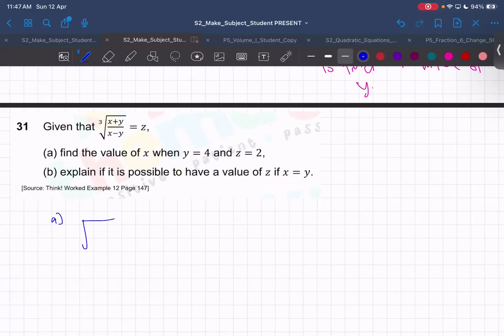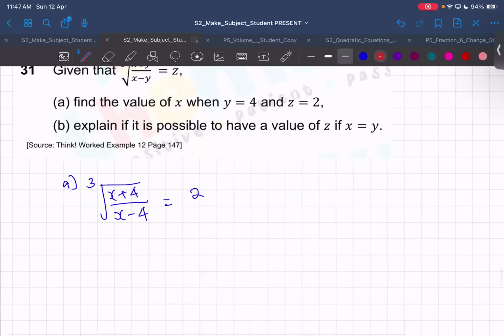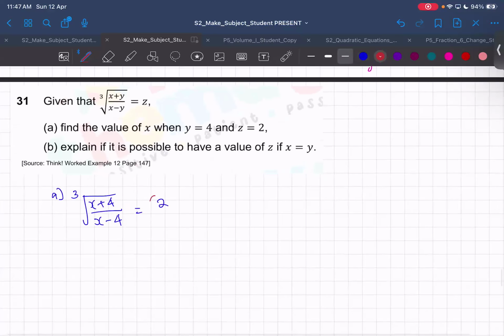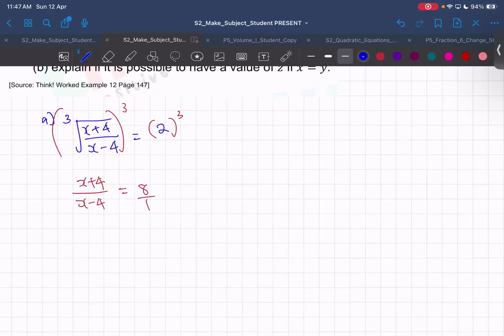Okay, so for part A, they give you that y is 4, z is 2. So I straight away put in my values. Then to get rid of the cube root, I have to cube both sides. Then I'll get 8. Over here I got fraction and fraction, so I cross multiply. x plus 4 equals 8 times x minus 4.